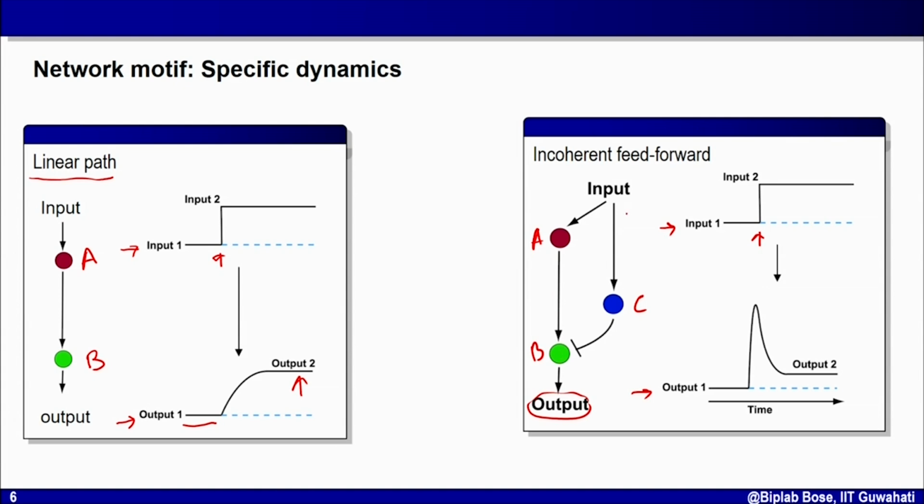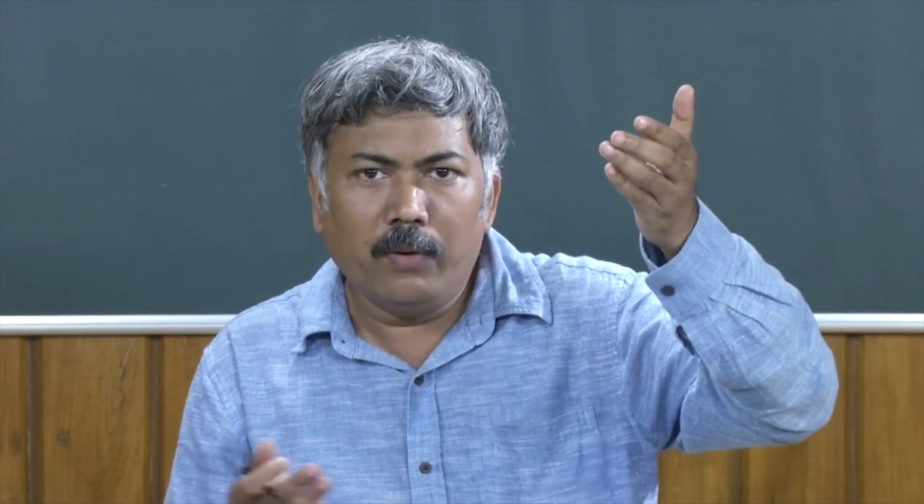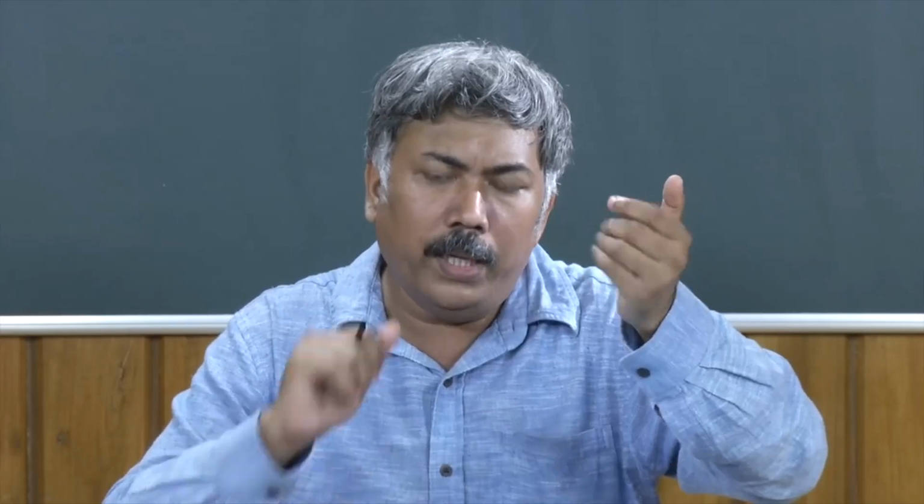But at the same time, input is also going to C and it is telling B not to increase. As you increase input, this negative path is also getting activated. So as I increase input, one path is telling B to be more activated, whereas the other path is telling it to reduce the amount of B. So there must be a balance between this.